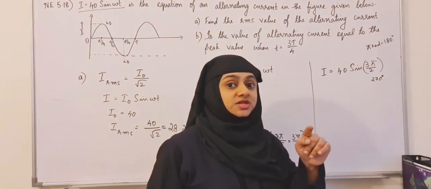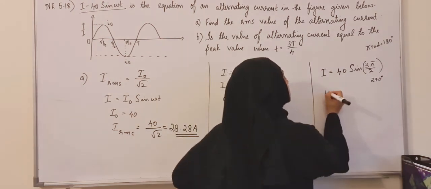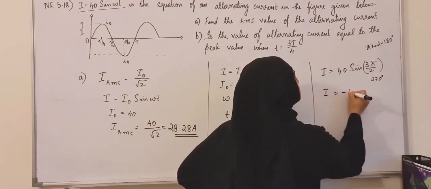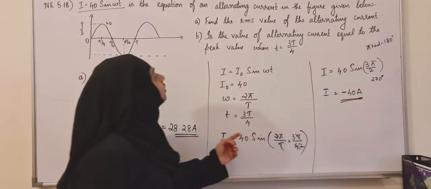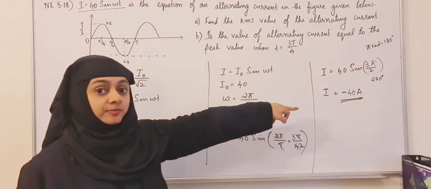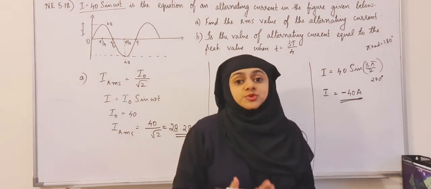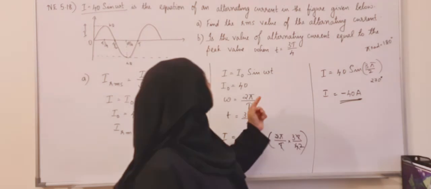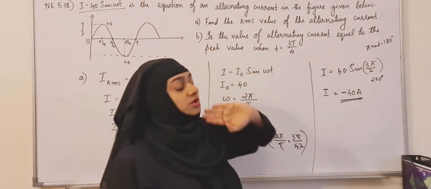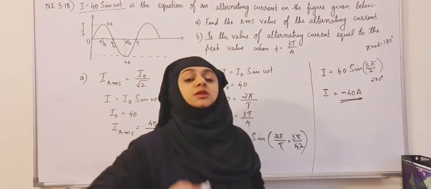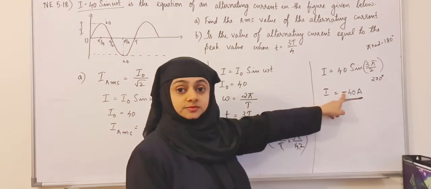Sine 270 will be equal to minus 1. So you will get this as equal to minus 40 amperes. Is this value equal to the peak value? Yes, it is. The magnitude is equal. So you can say that yes, the value of alternating current will be equal to the peak value, but in the opposite direction, because it is negative.